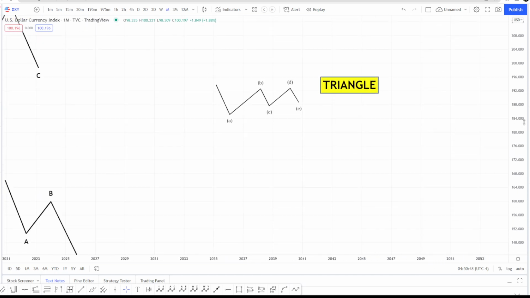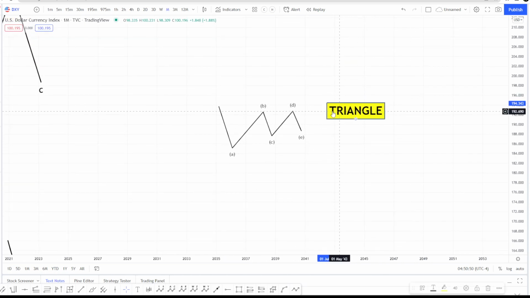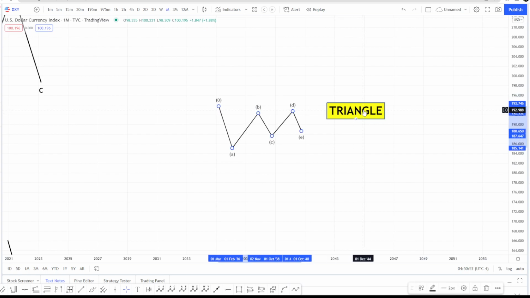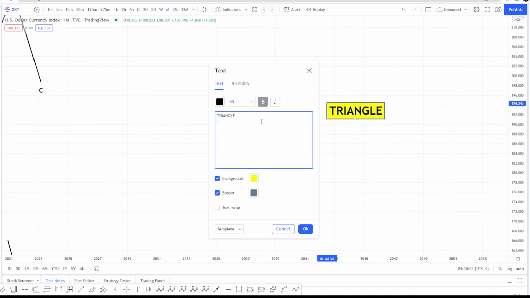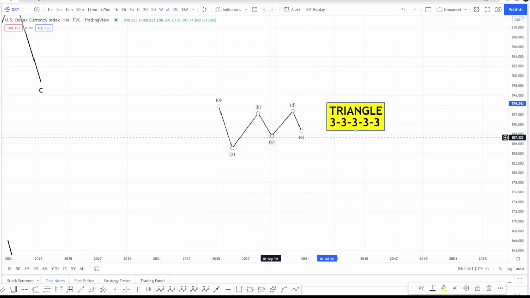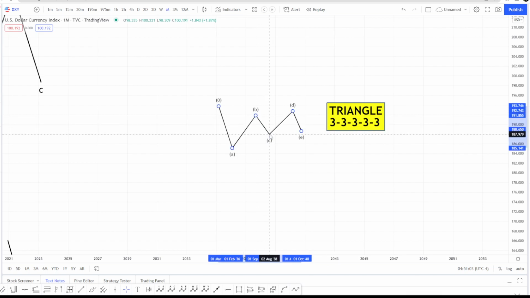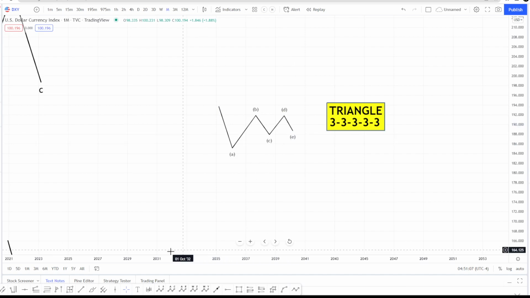And the final correction is 5 waves technically, but this is broken down into 3 legs the whole way down. 3, 3, 3, 3, 3. Okay? So whilst it might be 5 waves in terms of the number of corrections, each wave is very clearly corrective. This can, of course, take various forms.